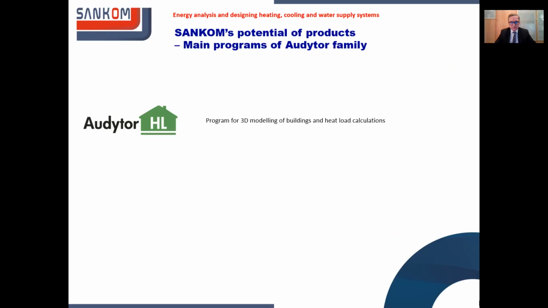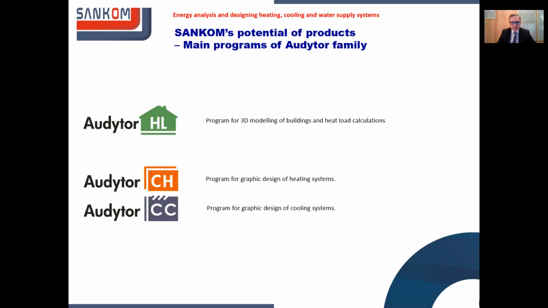HL is the program to create the 3D models of the buildings and calculate the heat load of the rooms and the building. And then we have the modules, the program that we started developing separately, but now we have joined them together. CH is a module for the central heating systems.